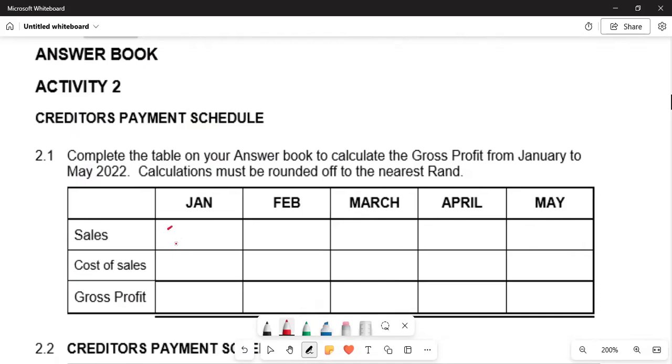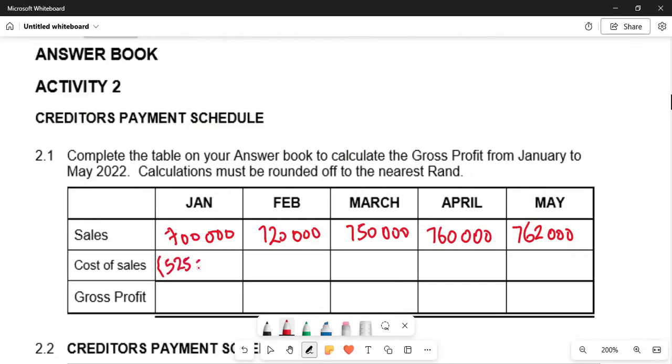Total sales for January is 700,000. For February, 720,000. For March, 750,000. April is 760,000 and May is 762,000. So our cost of sales that we calculated, which we are going to subtract, is 525,000 for January.